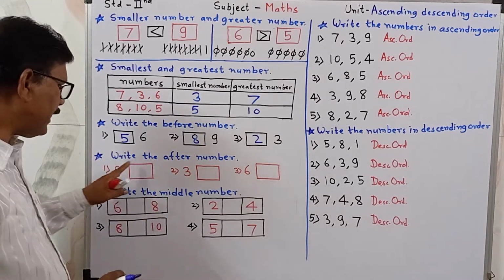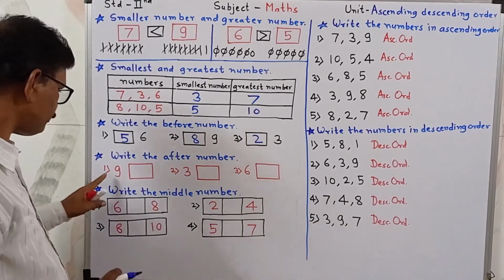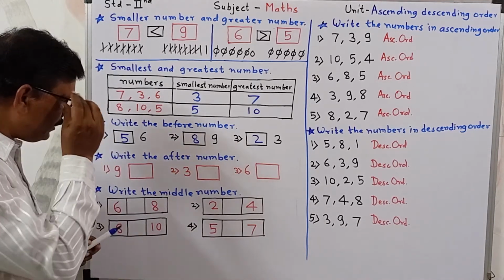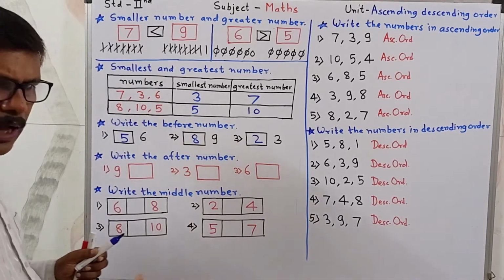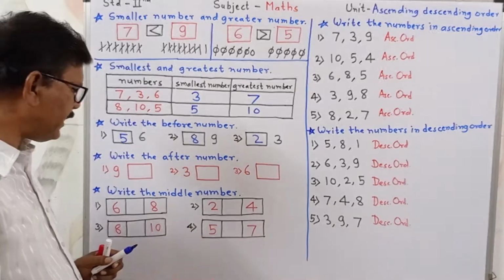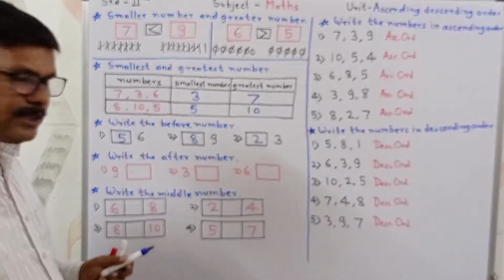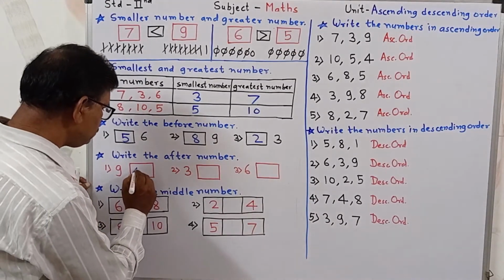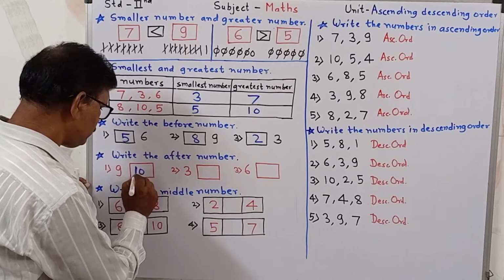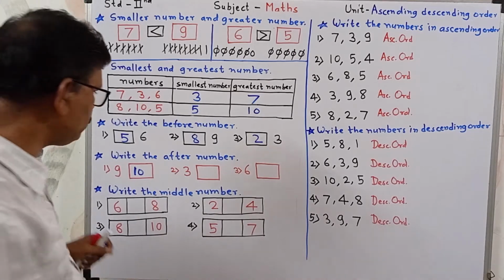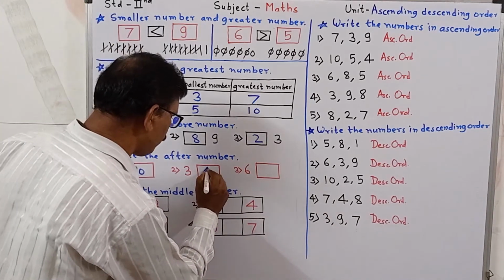Okay. Now write the after number. 9. Which number comes after 9? You count this 1, 2, 3, 4, 5, 6, 7, 8, 9, 10. Easy. After 9 comes 10. Okay. 3. 1, 2, 3, 4. You can write 4.